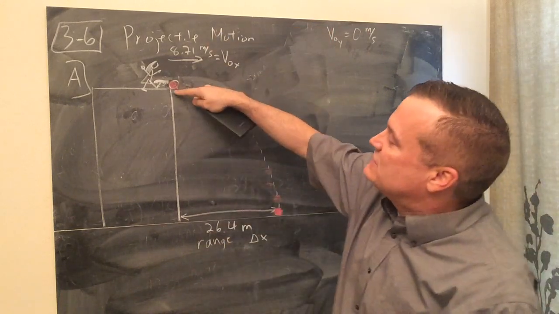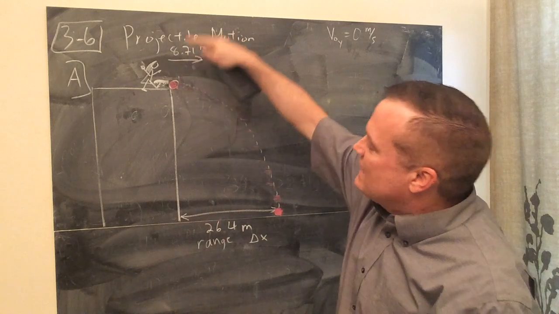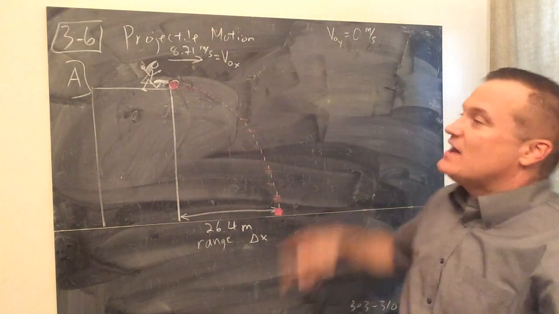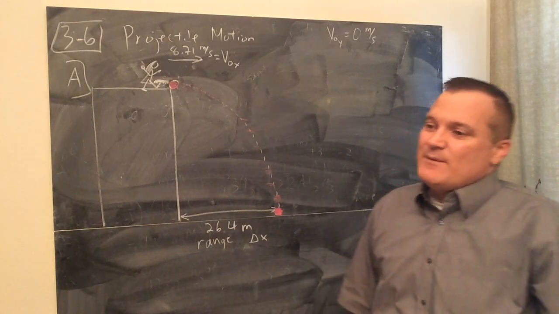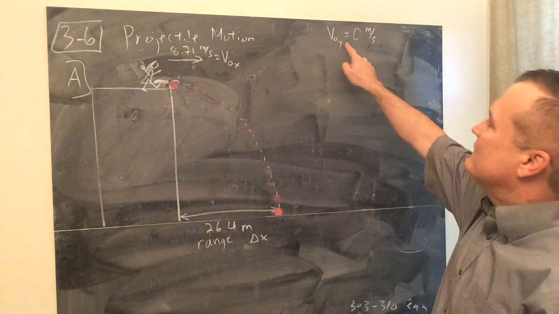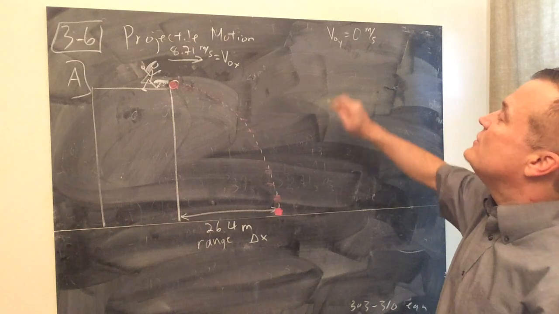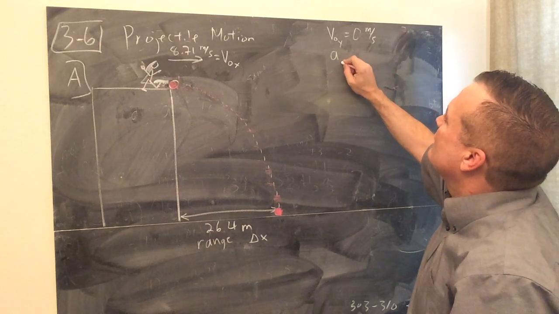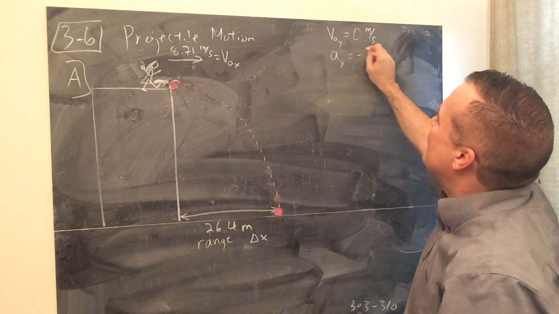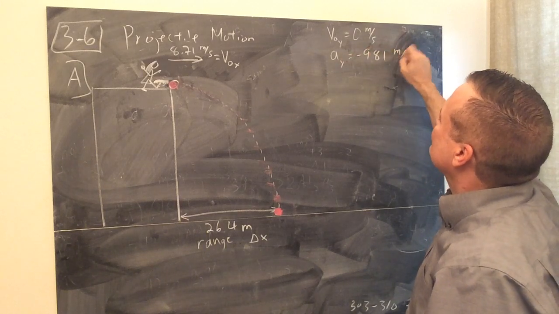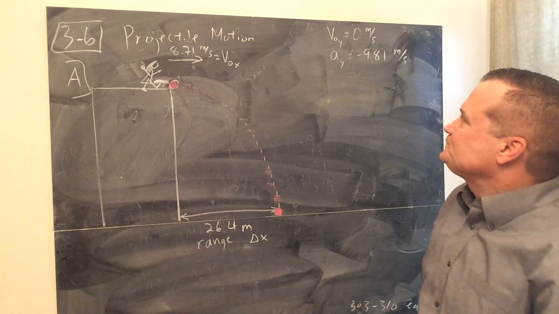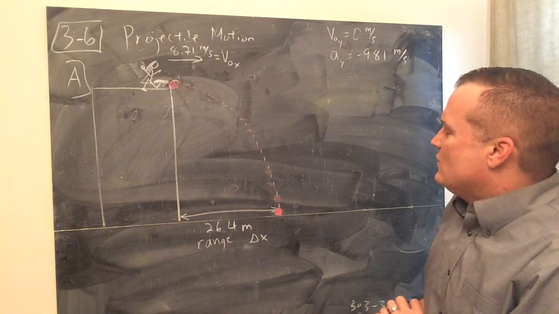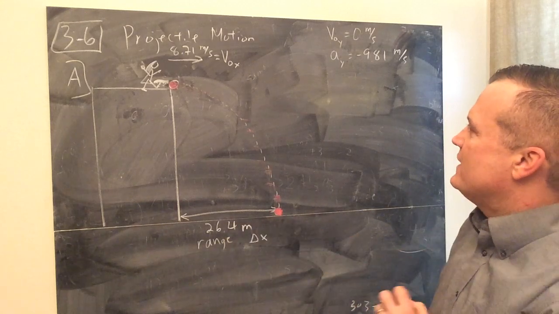If she batted it down with her hand, then the initial velocity Y would not be 0, but anyway, here it is 0. We also know that in the Y direction, the acceleration a_y is negative 9.81.